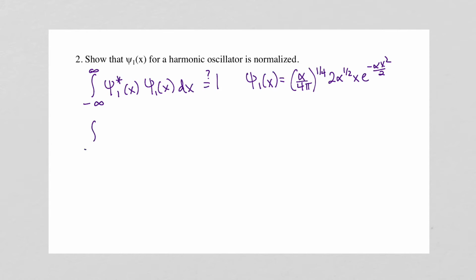Okay, so we'll have the integral of psi star. Okay, so hopefully you're noticing that once again we have a situation where our wave functions are not complex for the harmonic oscillator, so there's no i's that are popping up in our wave function expression.